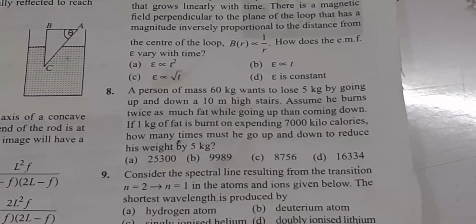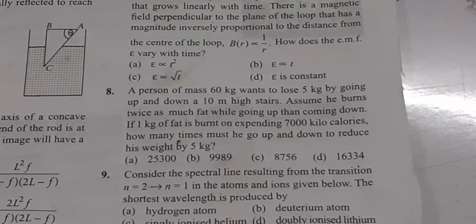If 1 kg of fat is burnt on expending 7,000 kilocalories, how many times must he go up and down to reduce his weight by 5 kg? You have to identify which answer is correct.